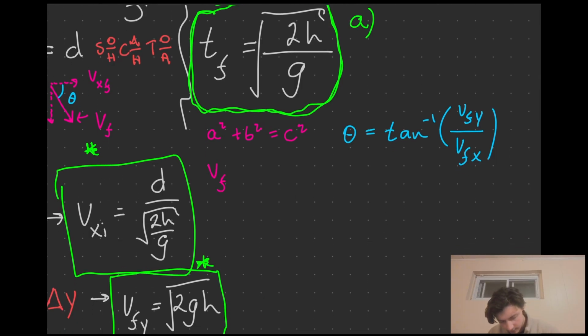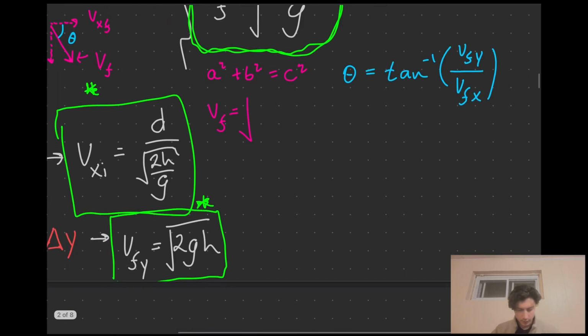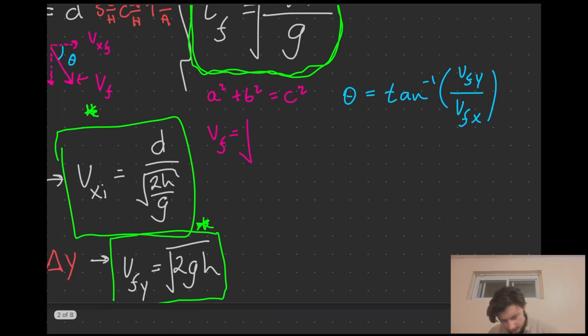v final is equal to square root of d squared over 2h times g plus 2gh. Okay, so I did some simplifying here.